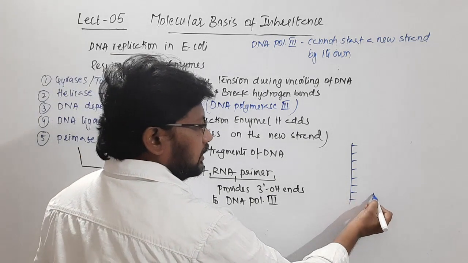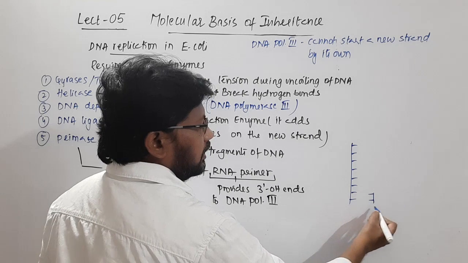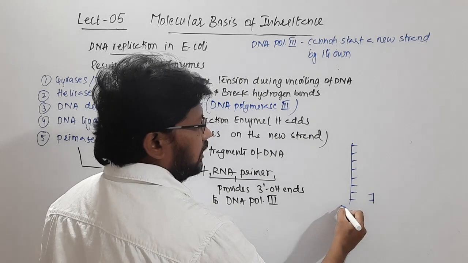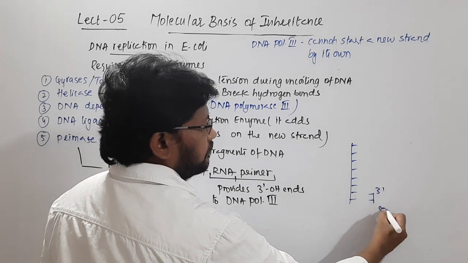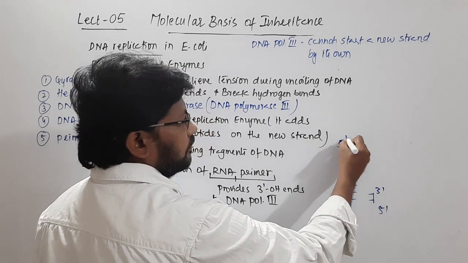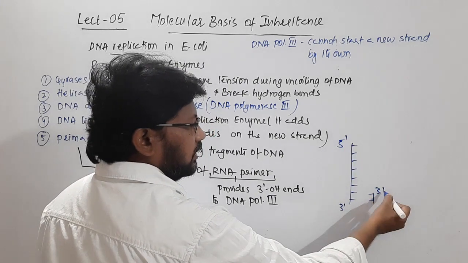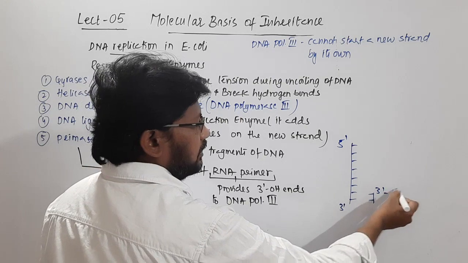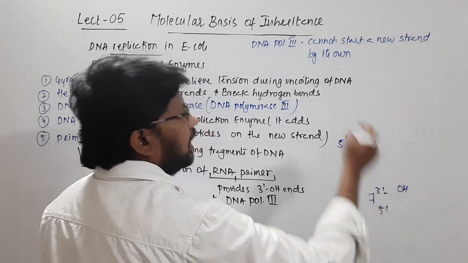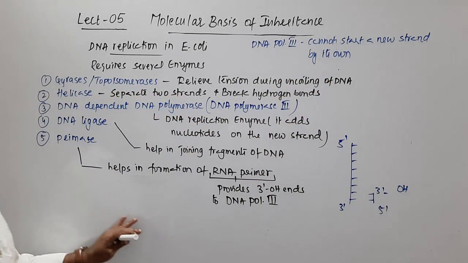So this is, say suppose, the RNA primer, and that will have 3', and this 3' end is where the OH is available, and this DNA polymerase 3 can add a new nucleotide only on 3' OH end.